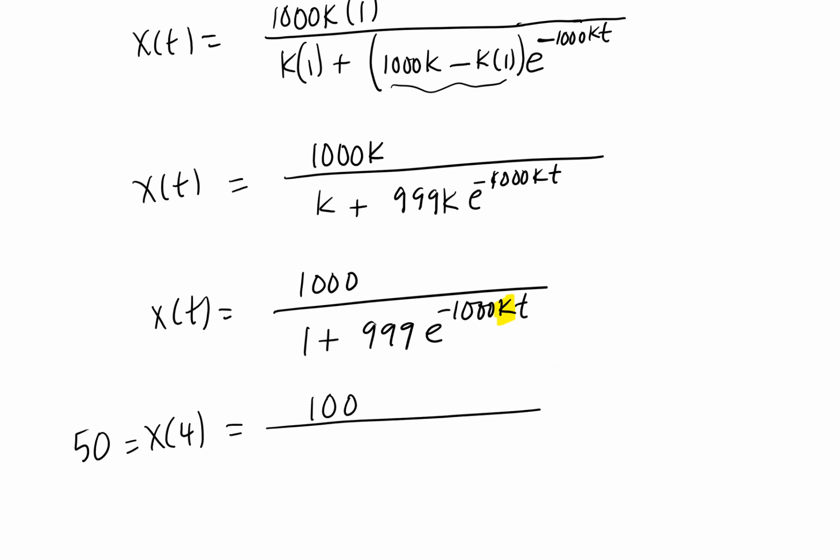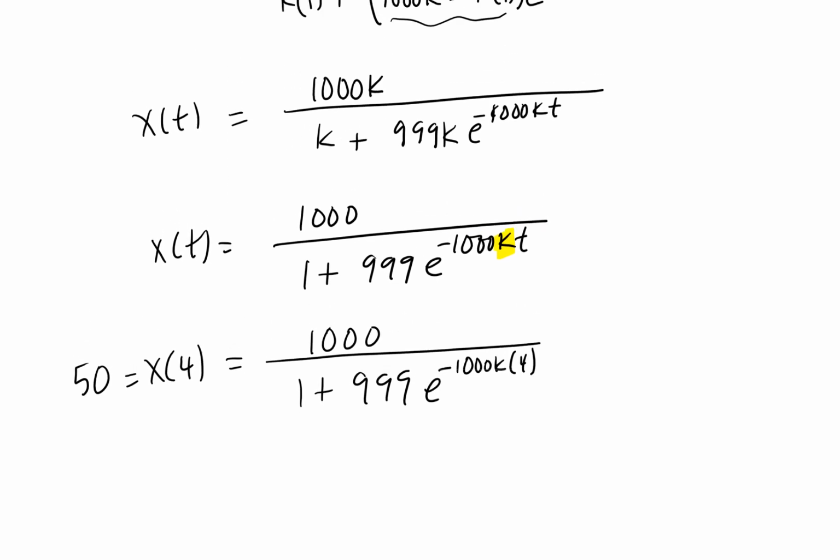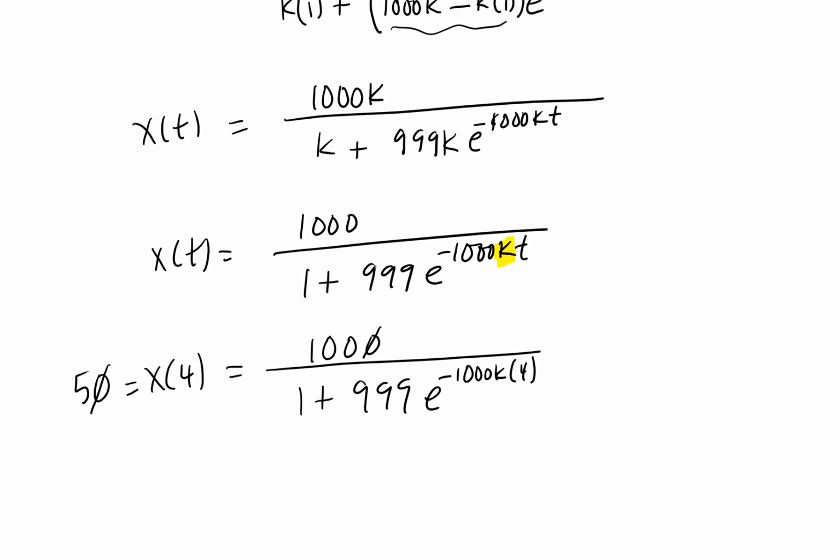It's 1000 over 1 plus 999 e negative 1000k, and t is 4. If you cancel 0 with 0, 5 over 1, 20, 1 plus 999 e negative 4000k equals 20.